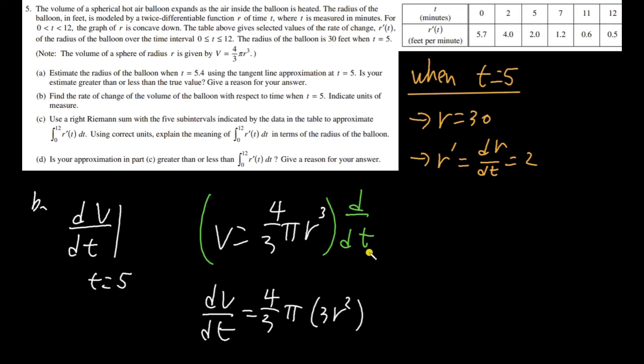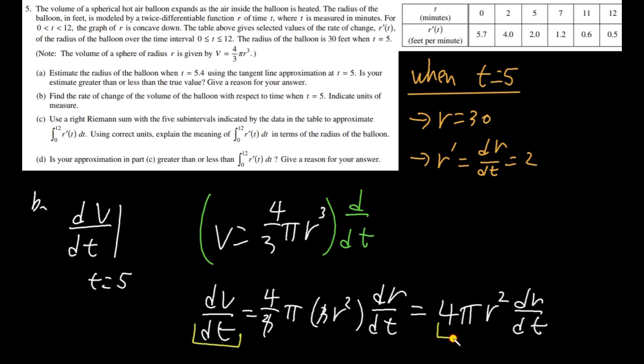But now since r and t are different variables, we'll have to add a dr/dt on the end, because it's an implicit differentiation question. Okay, we can simplify this normally, the 3's will cancel, and we'll get 4 pi r squared dr/dt. Okay, and we're saying that dV/dt is equal to this.